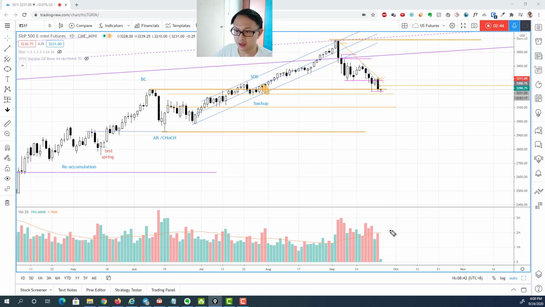Second, I think we are in some kind of descending wedge or a falling wedge, whichever you like to call it. But this formation could still be ongoing, and we just need to wait for the confirmation in order for this falling wedge to become valid.